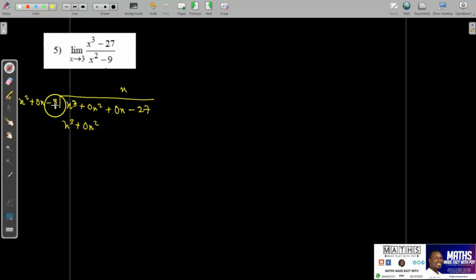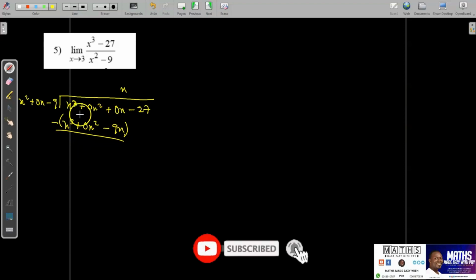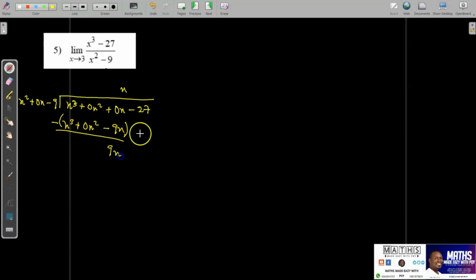Then x will multiply negative 9, it will give us minus 9x. Then we subtract. s cubed minus s cubed is 0, 0x squared minus 0x squared is 0, and then 0x minus negative 9x will be left with 9x. Then we push down the minus 27.